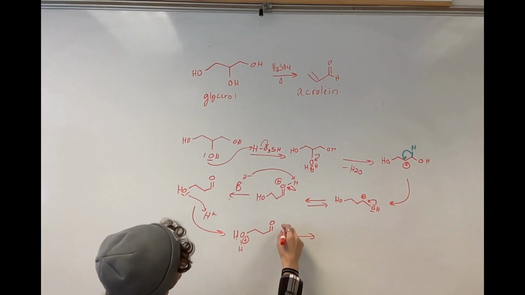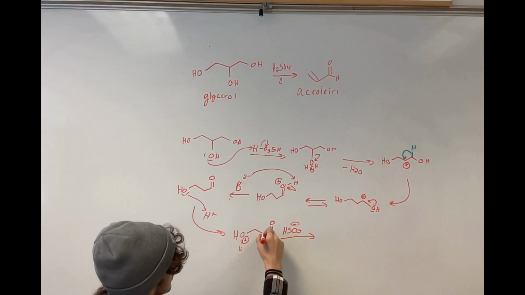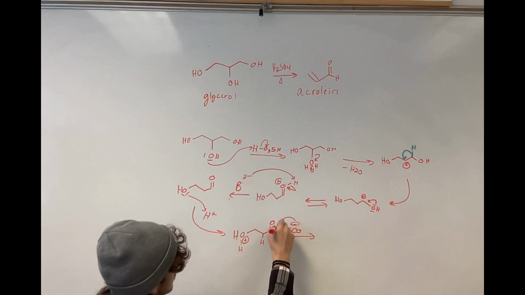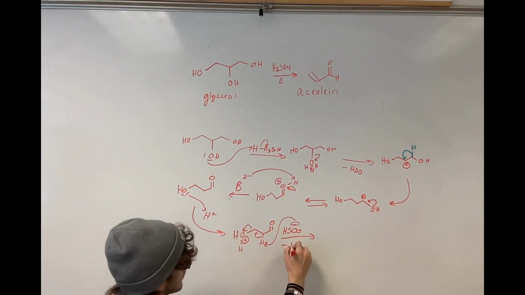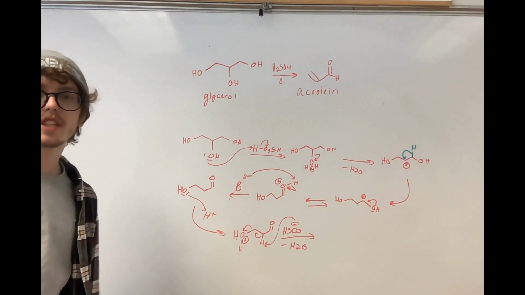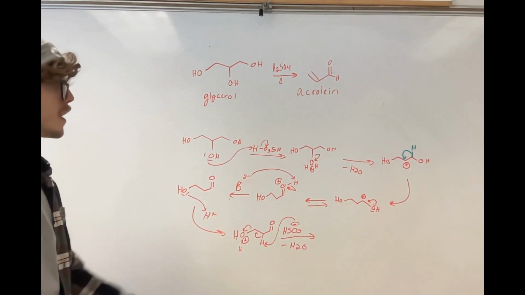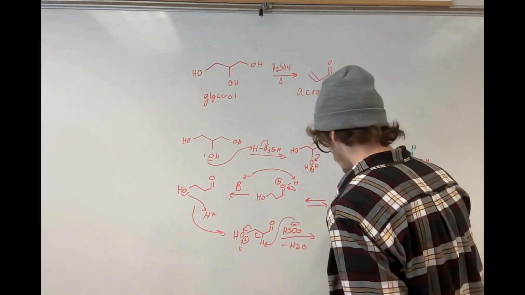We'll actually say it's going to be our acid just to show that it is really catalyzed. So it's going to find one of these hydrogens and attack and kick water off. So isn't that interesting? Glycerol, when you do this reaction, it just pours water out of it. I mean, 2 equivalents of water were lost here to make acrolein.